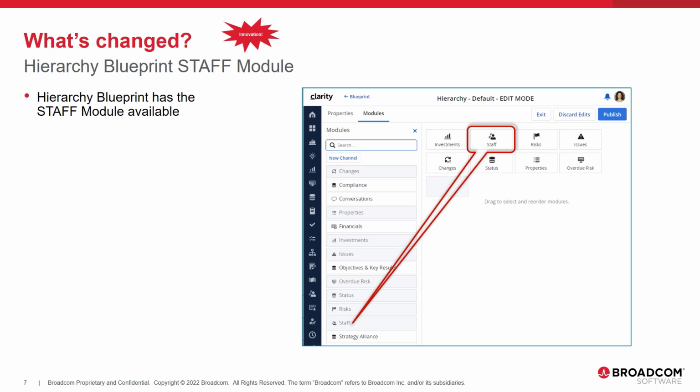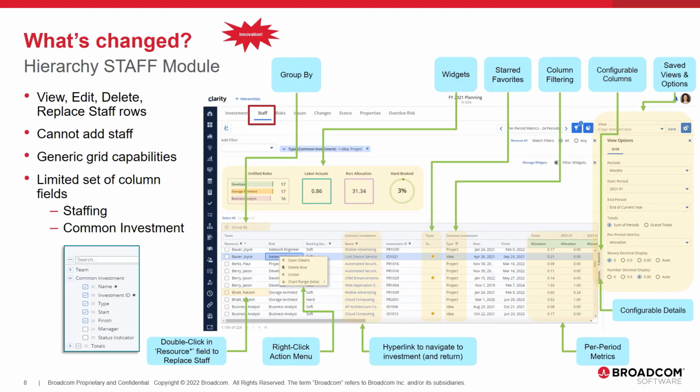The administrator can now add the staff module to a blueprint and publish it for use within the hierarchy workspace. Once the staff module is added and published for the associated hierarchy blueprint, the manager will see the list of allocations for all labor and non-labor resources, roles, and teams related to the investments imported into the hierarchy.